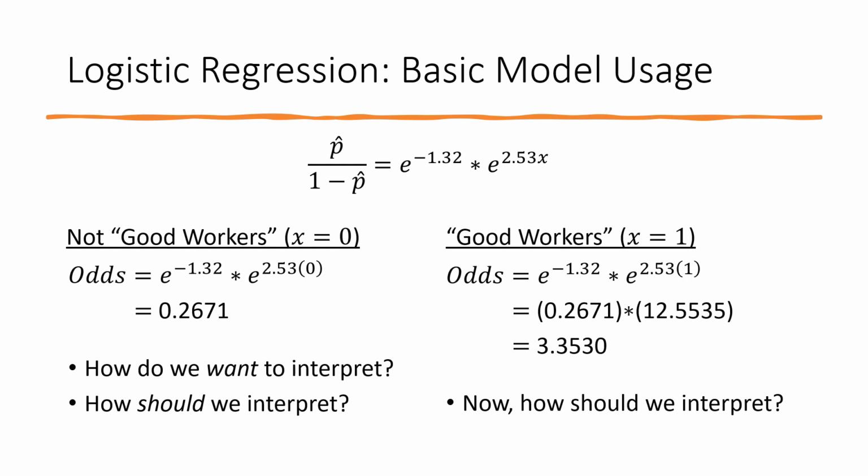I should mention here, because we fit a logistic regression model to this data, these are predicted odds. That is, this is how we're predicting the odds after doing our model on the data. This isn't necessarily the exact correct odds for what matches the data set. That is, we're not calculating this from our data, we're calculating this from our predicted model.